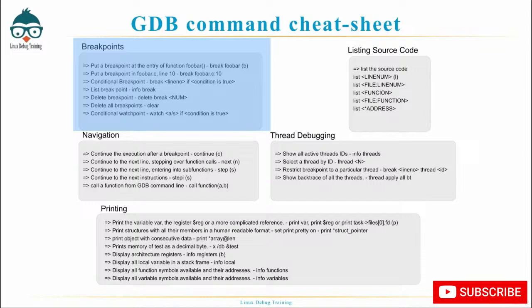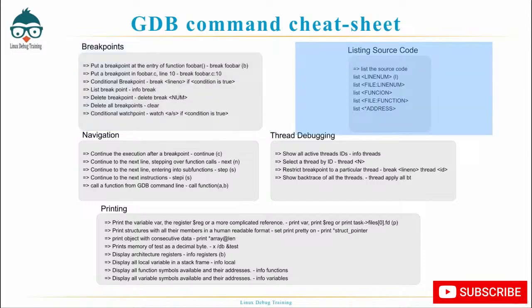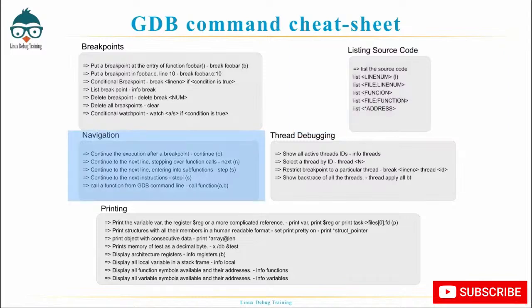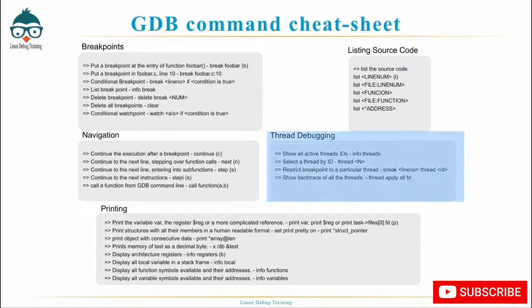Then there are commands that are useful in listing source code that you have loaded in GDB. There are a number of commands associated with navigating through GDB, and these largely control how the code is executed. And then there are specific commands associated with thread debugging.